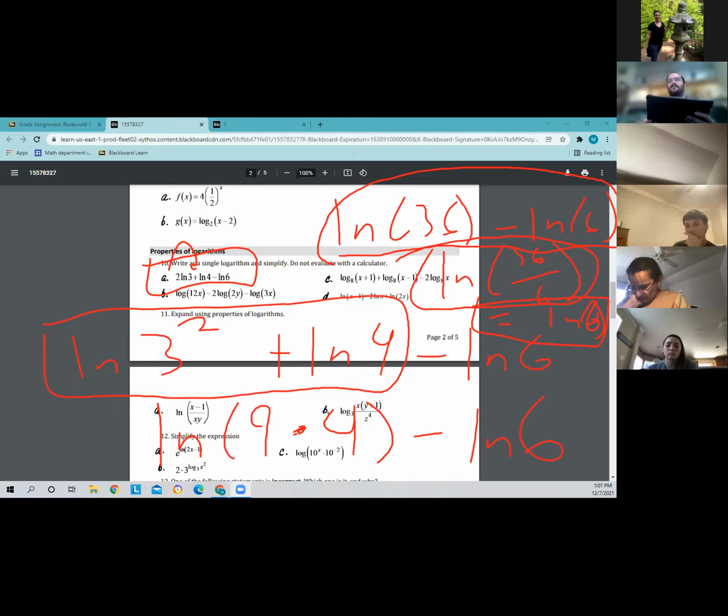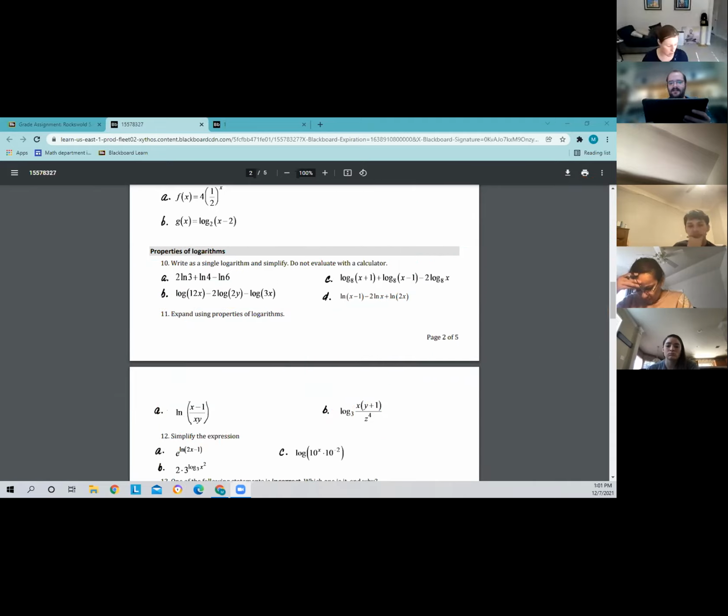Questions about this one? Okay. That was 10A. The other one I said was 10D. So 10A has nothing but numbers. In 10D, we're throwing in some variables. So I'm looking at this one: ln of x minus 1 minus 2 ln of x plus ln of 2x.